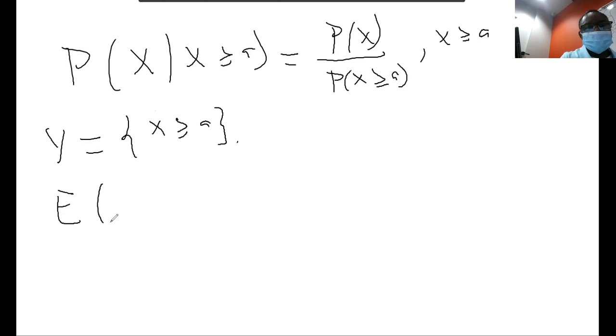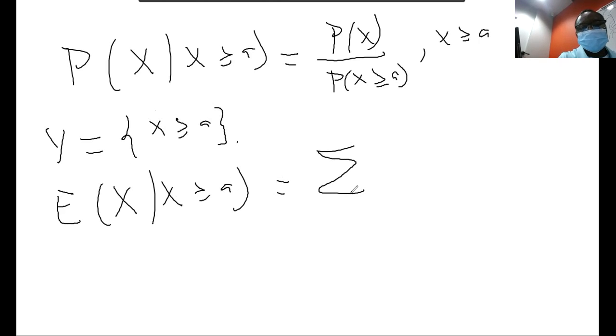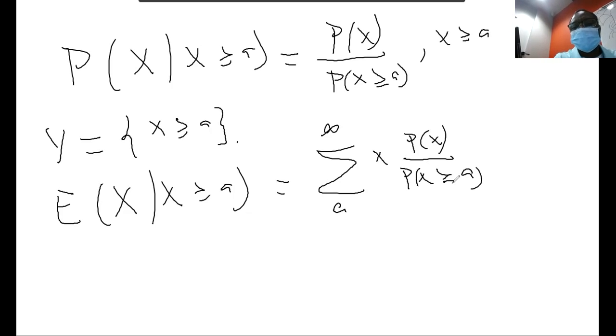So the mean of X, given that X is greater than or equal to a, is equal to the sum from a to infinity of x times p of x, divided by P of X greater than or equal to a.